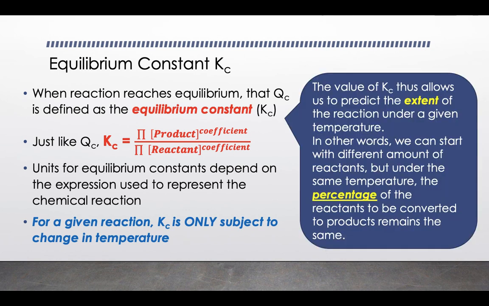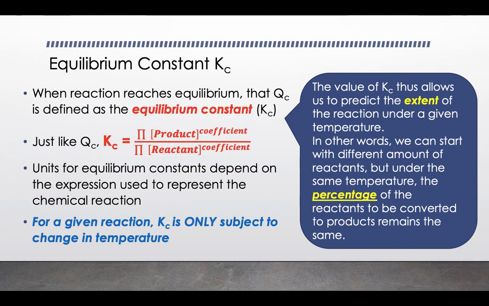The value of Kc allows us to predict the extent of the reaction under a given temperature. If under the same temperature all equilibrium systems of a particular reaction reach the same Kc, then we know the proportion between products and reactants at equilibrium at that temperature.